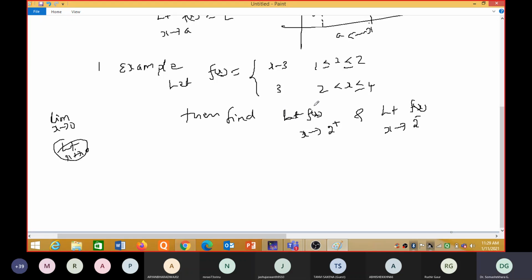So how do you find the limit when x tends to 2 plus? So the right hand limit. What is right hand limit? You tell me. Limit f of x when x tends to 2 plus. Correct, now right hand limit.